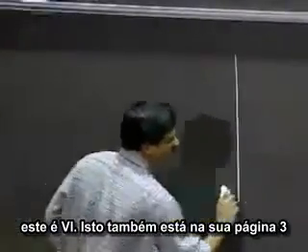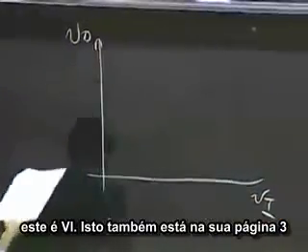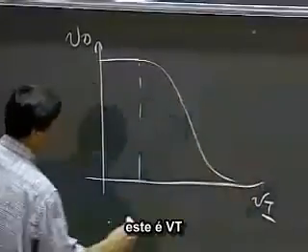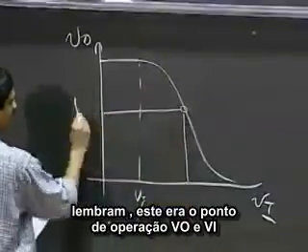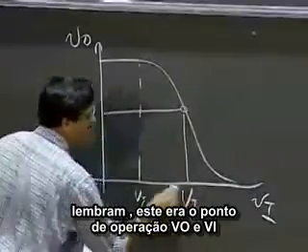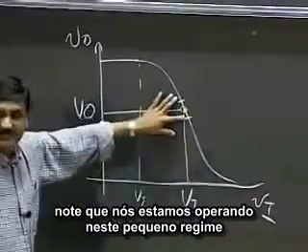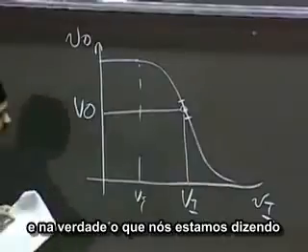So this is VI. This is also on your page 3. This is VT. Remember, this was your operating point, V naught and VI. And notice that we were operating in this small regime of our transfer curve here.